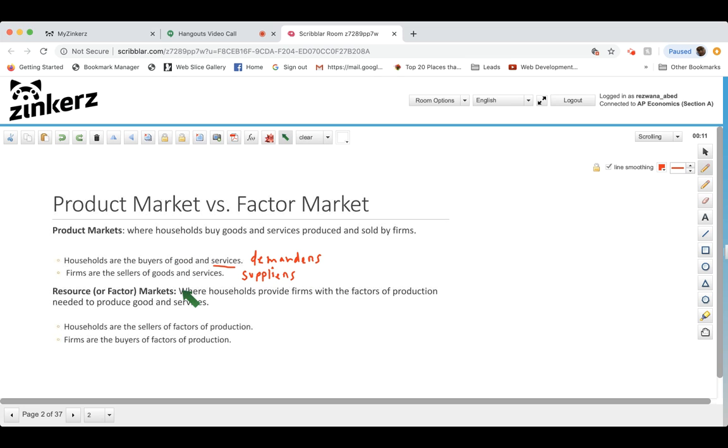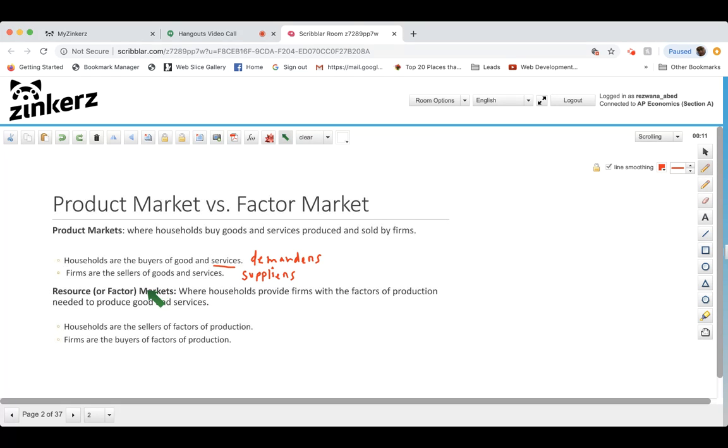Now when we talk about the resource market, which is something that we haven't talked about much at all throughout our discussion in microeconomics. We talked about it a little bit when we discussed the circular flow model and factors of production.